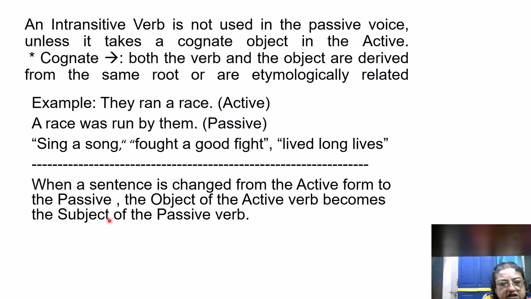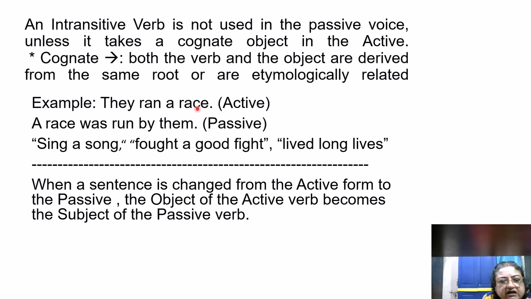So when a sentence is changed from the active form to the passive, the object of the active verb becomes the subject of the passive verb. So simply, if you remember it this way, in passive the object becomes the subject and the subject becomes the object.